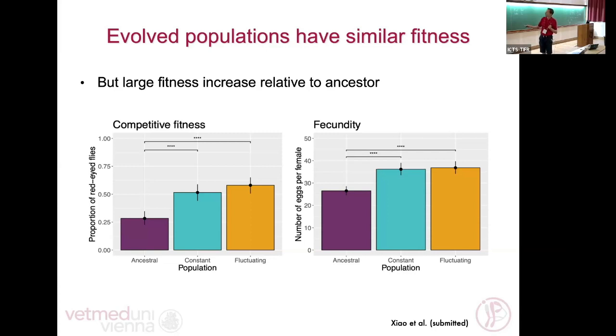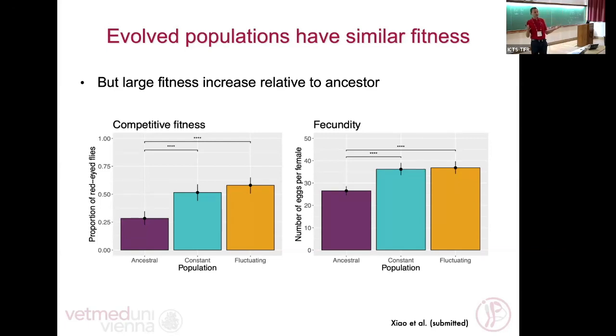This is one measure of fitness, this is another measure of fitness. It's very consistent. You see a similar response when you put them in the other environment. So you typically find very little difference between the populations evolved at the two different temperature regimes, but they have massively increased in fitness relative to their ancestral population.